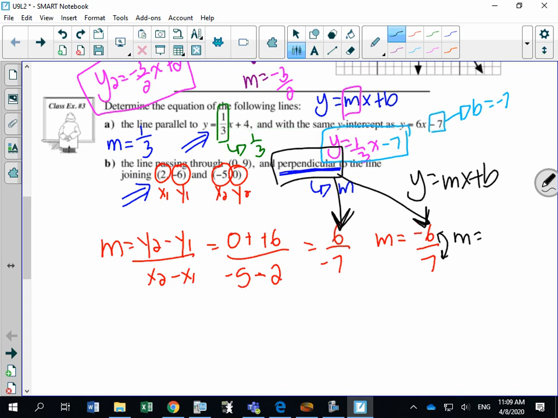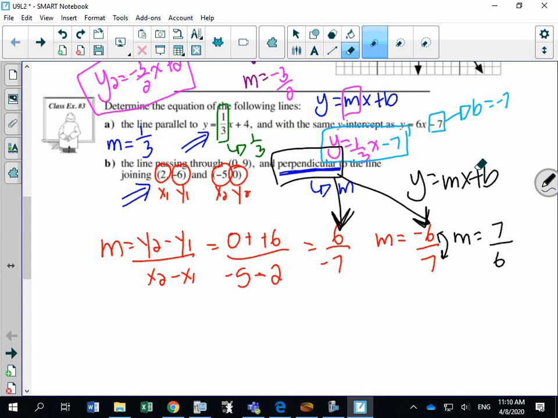The inverse of negative 6 over 7 is 7 over negative 6. And if this is negative, the second one has to be positive. Remember with perpendicular, we always have one slope that's negative and one that's positive. So if they give you a negative slope, then this has to be positive.